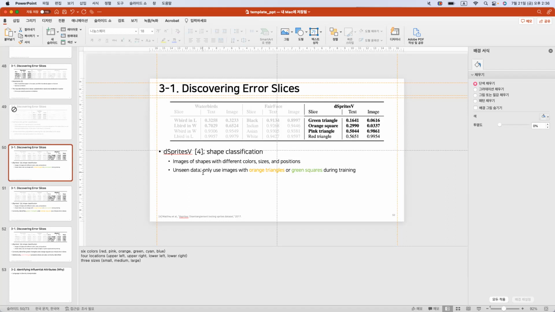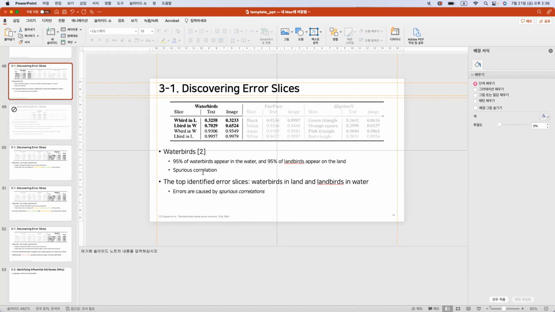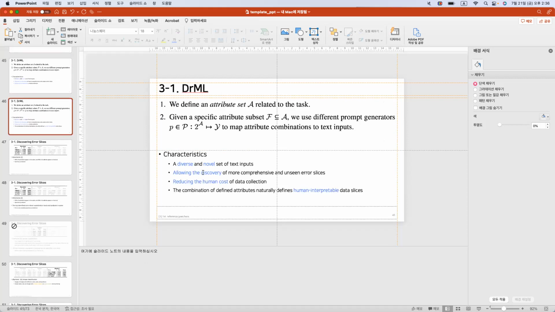Let's see. So what is the data ML then? I thought it appeared to be an automatic method of generating the critical combination of the prompt, but it does not, right? The existing methods only use the visual data for diagnosing the visual model, but they try to use some text inputs.